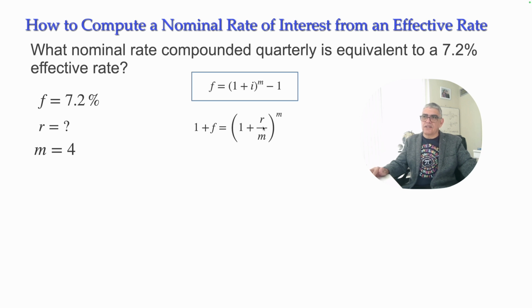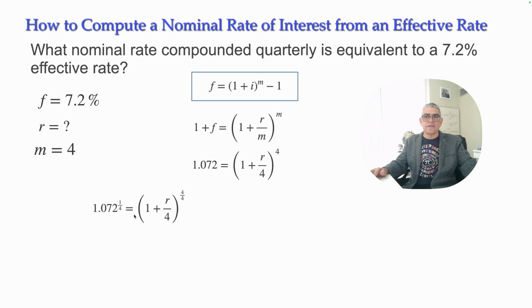And this M is 4. So you can make a substitution. You can write 1 plus 0.072, or you can write immediately 1.072. And then divide the exponent by 4. So this exponent will be 4 over 4, and here the exponent will be 1 over 4.